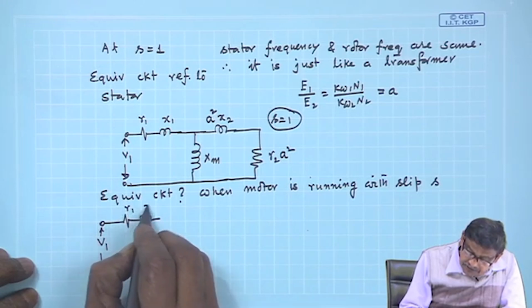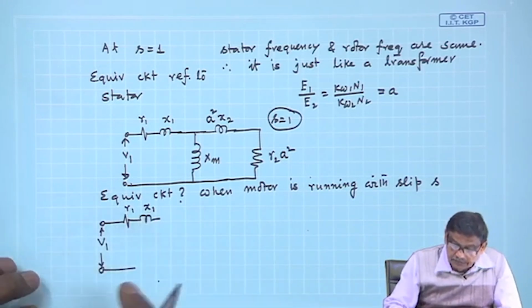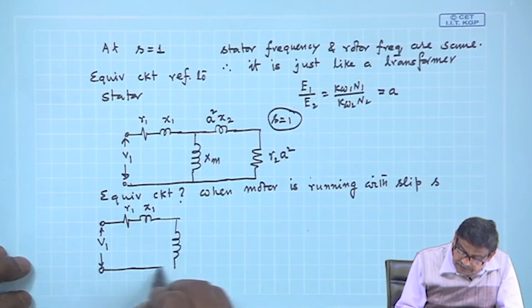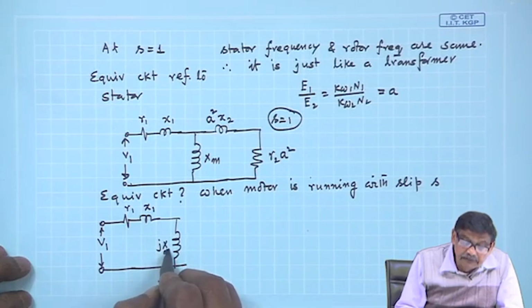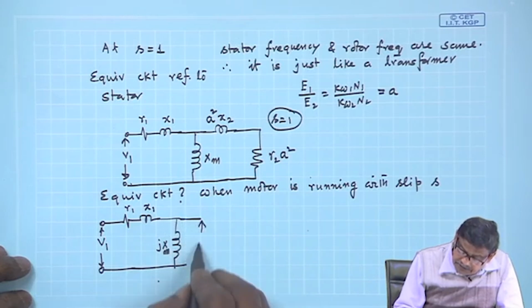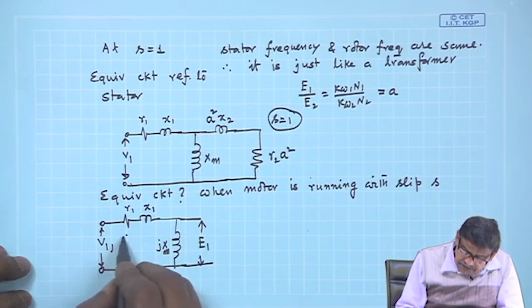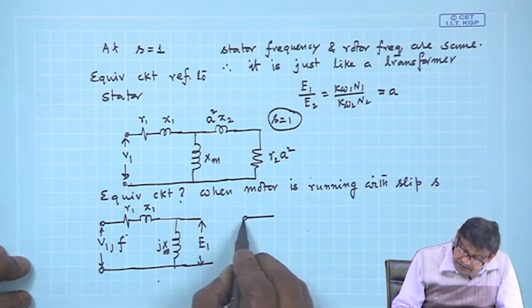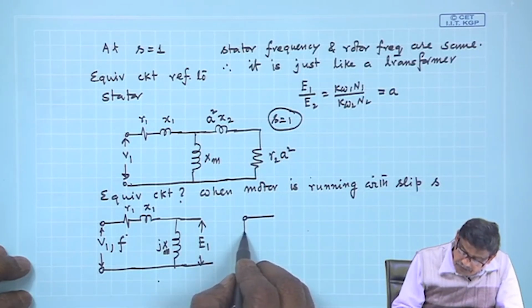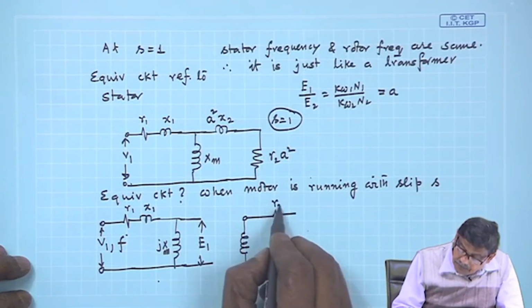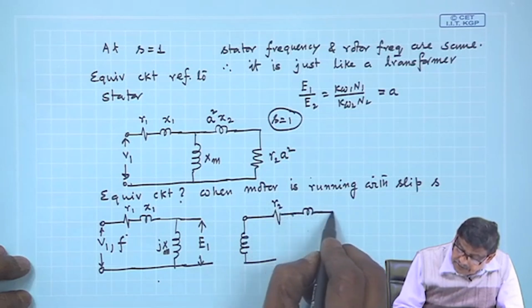This is R 1, leakage resistance, and leakage reactance of the stator, and this is your jXm, and here is the coil which is having a voltage E 1, and all frequencies here are F. And on the secondary side, there is a coil, and here is R 2, here is the reactance, and it is shorted.